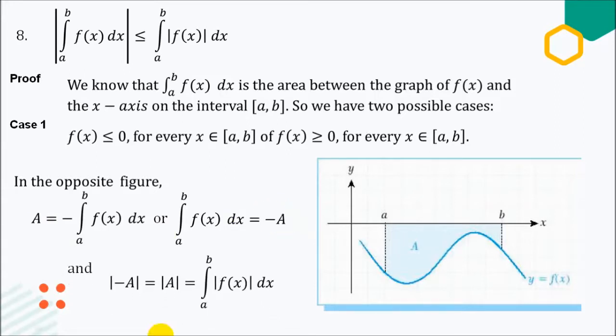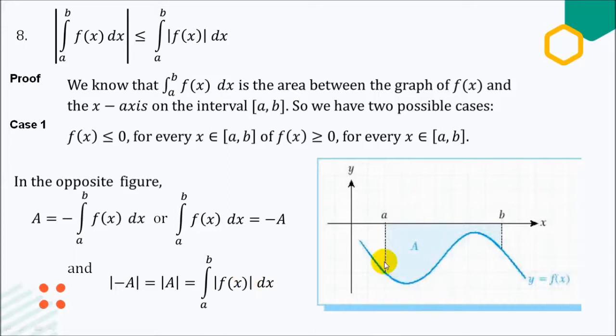You must remember that the absolute value of A and the absolute value of negative A are the same, right? Because the absolute value is always positive. So the integral from a until b of f(x) dx will have the absolute value, because negative A and A are the same. So we can make f(x) always positive, or use the absolute value here. This is for case 1.